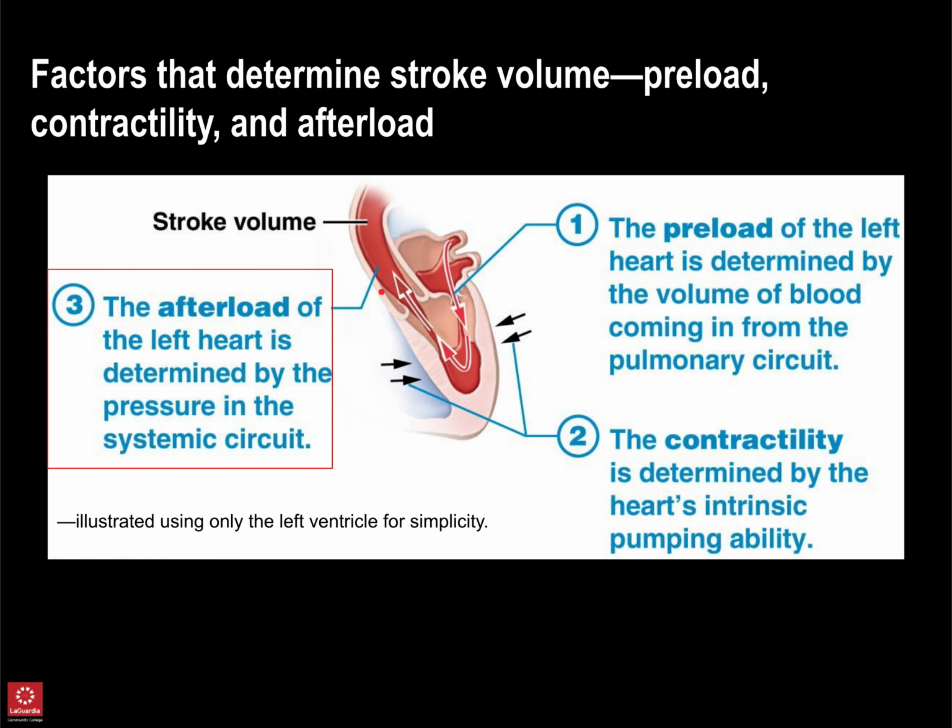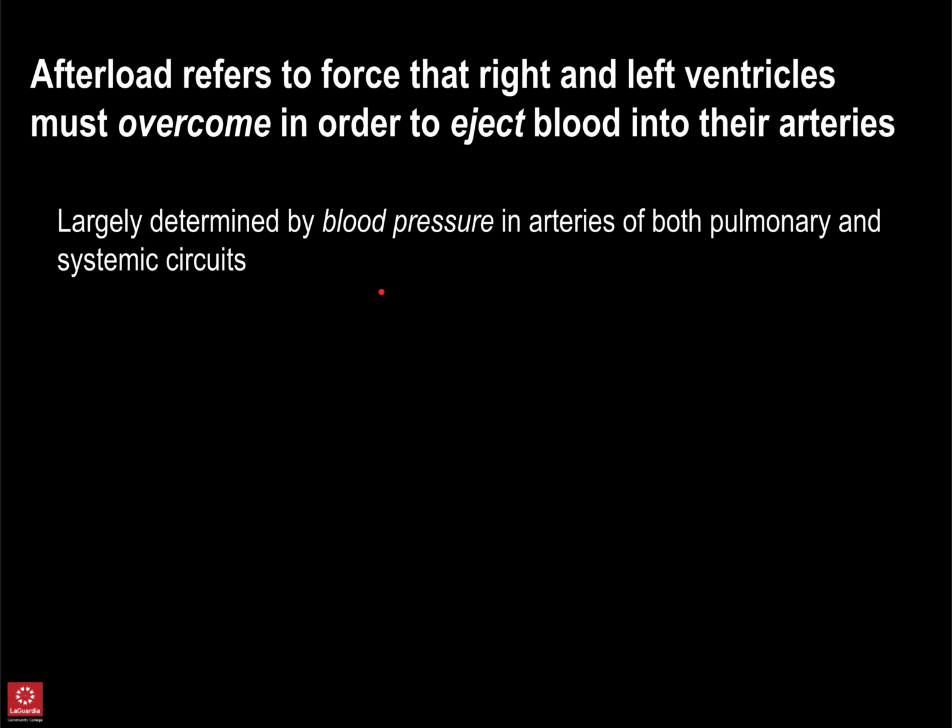So now let's talk about afterload. Afterload refers to the force that the right and left ventricles must overcome in order to eject the blood into their arteries. And this is largely determined by blood pressure in the arteries of both the pulmonary and the systemic circuits.